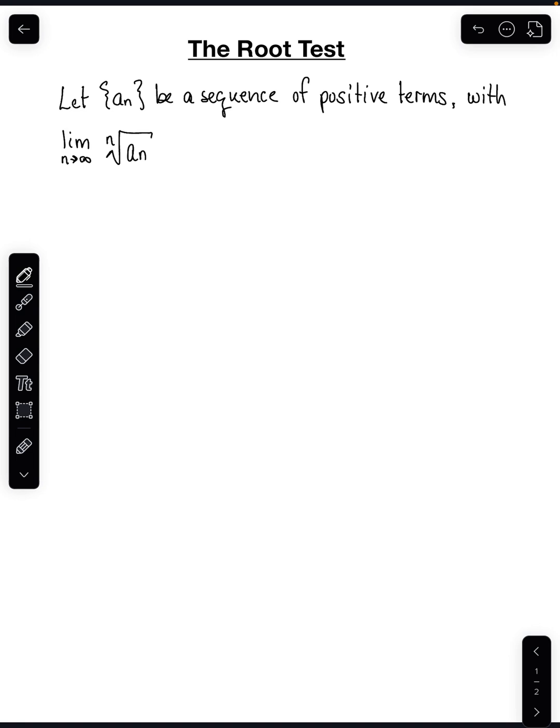So when n is 1, it would be simply a sub n itself. But when n is 2, it would be the square root of the term. When n is 3, it would be the cube root of the term. When n is 4, it would be the fourth root of the fourth term, and then the fifth root of the fifth term, and the sixth root of the sixth term, and so on.